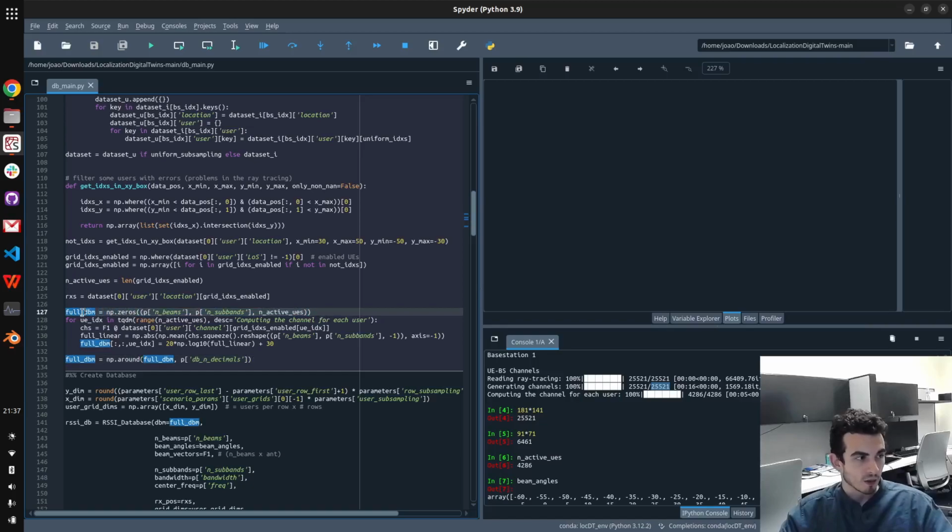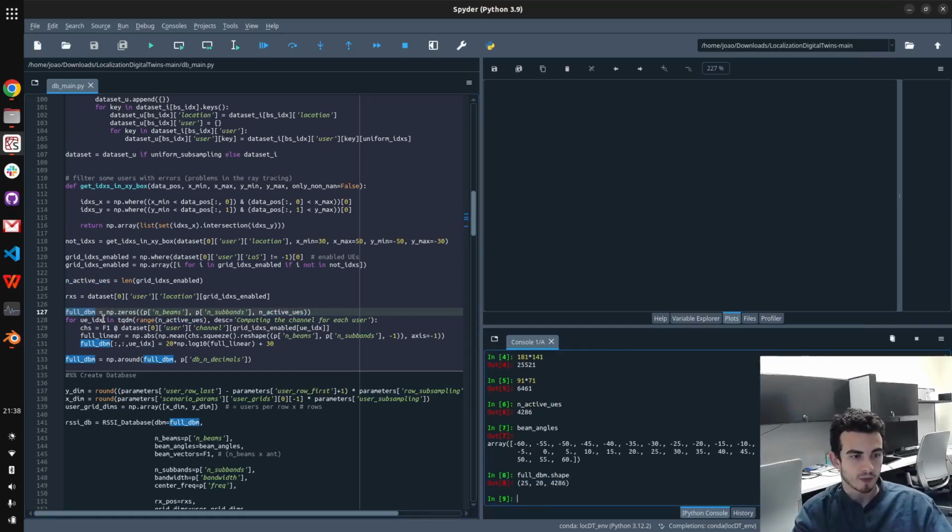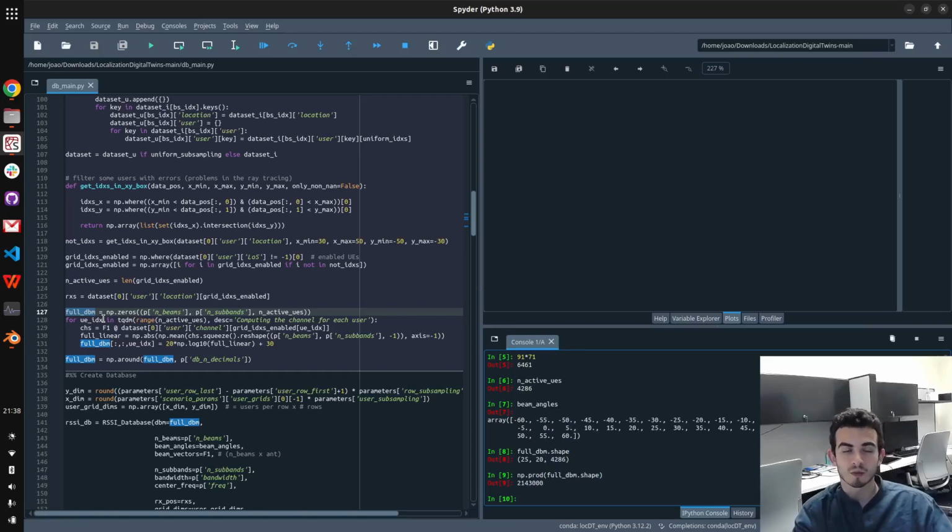This is the beginning of our database, which is the number of beams, 25, by the number of bands, which is 20, by the number of active users. So this will be the size of our database, and for example, this is the number of values that are in our database, just over 2 million.